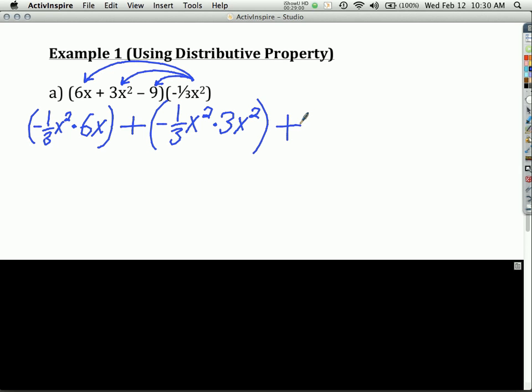Plus the third arrow: -1/3 x squared times -9. Now I'm going to do something and you should have an aha moment regarding the last chapter.